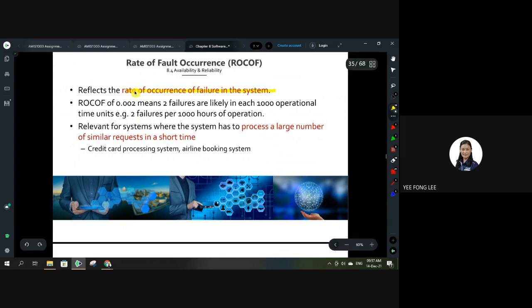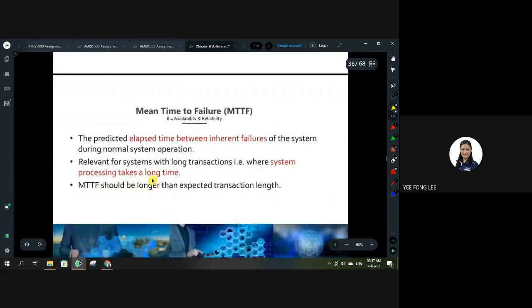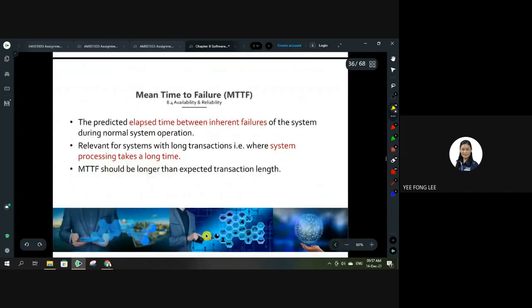Okay, clear? Another example here, 0.002 means 2 failures are likely in 1000 operational time units. So this is an acceptable level, 2 failures per 1000 hours of operation. Next one, mean time to failure.